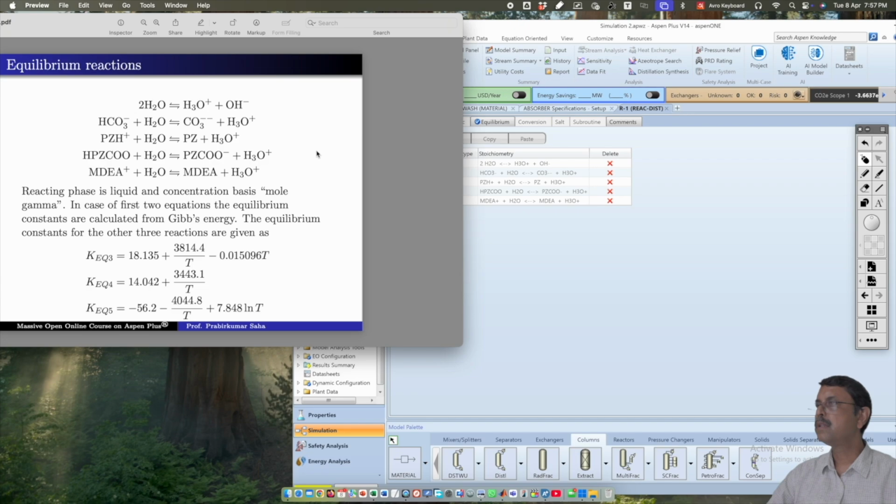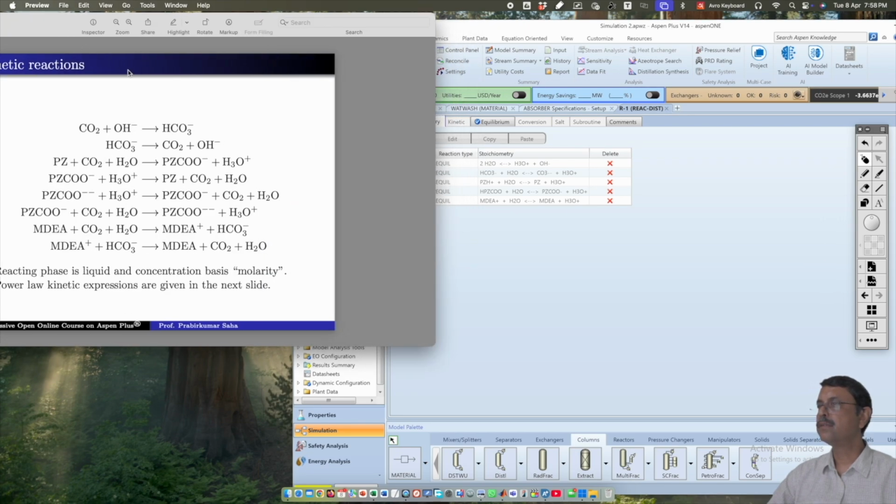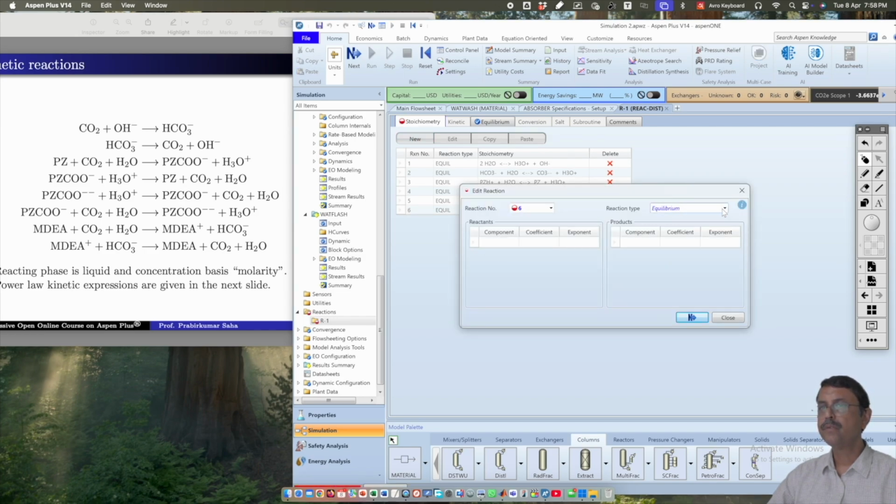Now we go to the kinetic reactions. So add them first. So this one is kinetic. We'll choose here as kinetic. What are the components? CO2 and OH. So this is CO2 and OH.